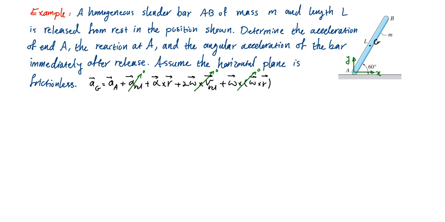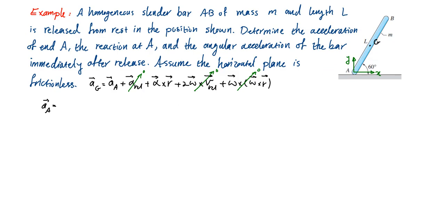Now, what is left is AA, the acceleration of point A, and point A is this point on the bar. When the bar starts falling, we have some probably rotation in this direction, and this point starts sliding to the left. So we know the direction of this acceleration. Whatever acceleration this point has, it's in this direction to the left.